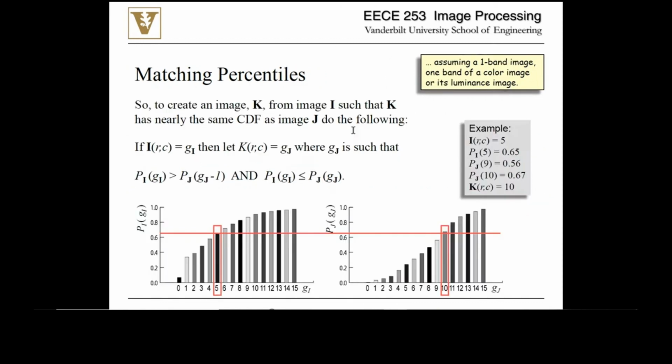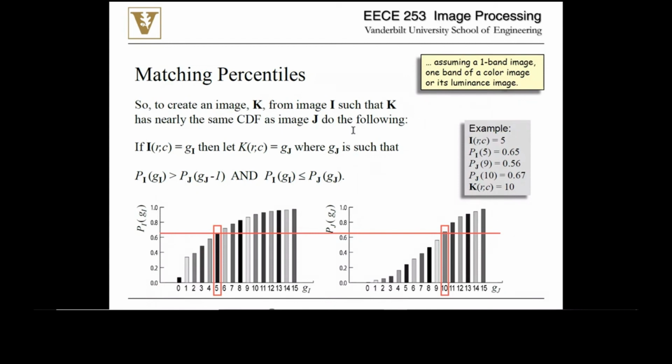And if you compute the cumulative distribution function of an image I and the cumulative distribution function of an image J, then the lookup table will be constructed by matching percentiles. That means, for instance, let's say that I want to know this 5, what is the mapping that I need to do.